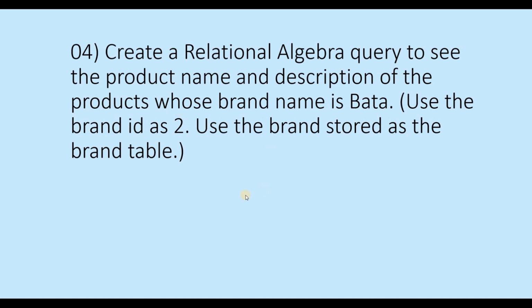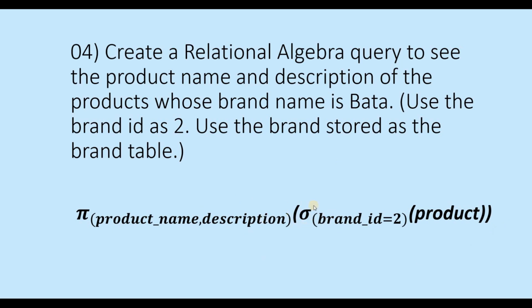So first of all, we have to use the operator select to get the products with the brand ID 2. After selecting those products, we have to use projection to get the product name and the description.